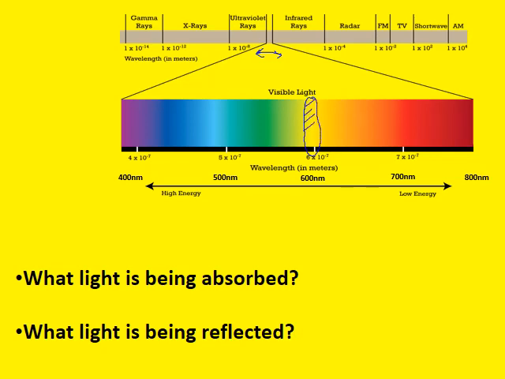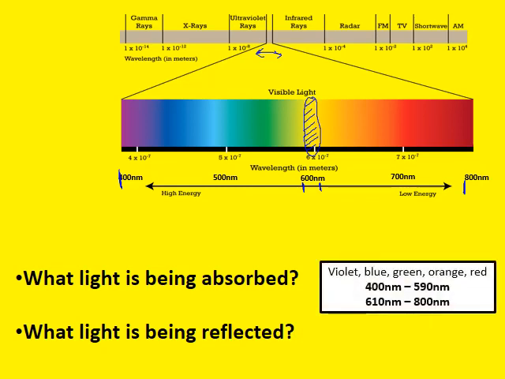So this light in the middle of the visible spectrum is being reflected, and all the other wavelengths of light from 400 nanometers to just under 600 nanometers, and then about 610 nanometers to 800 nanometers is being absorbed by the yellow background. So violet to green lights, and then the orangey to red light is being absorbed. And we know the yellow light from 590 to 610 nanometers is actually being reflected.